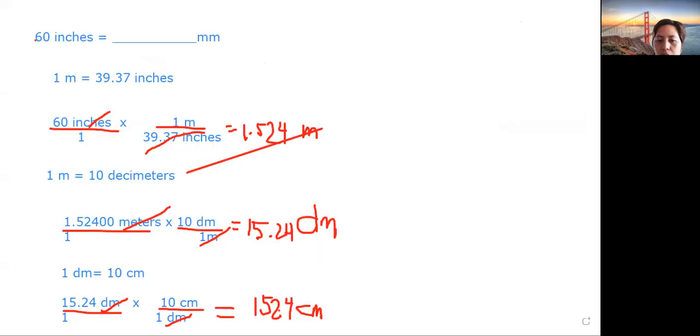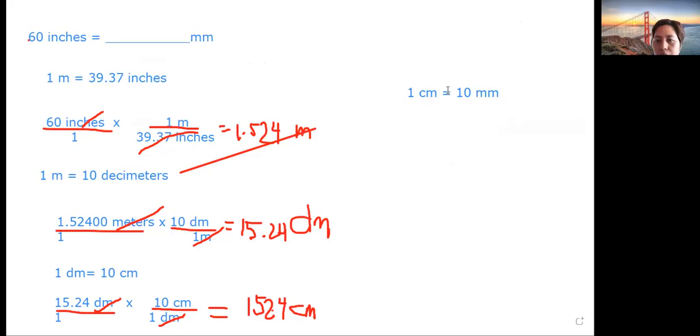So now let's convert the centimeter to millimeters for us to be able to get what is being asked.